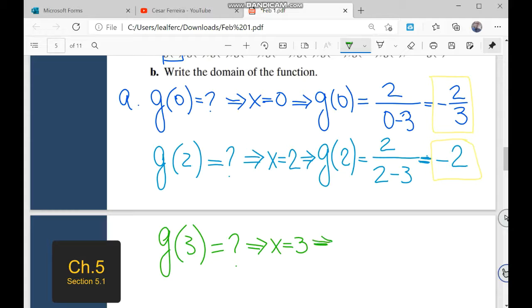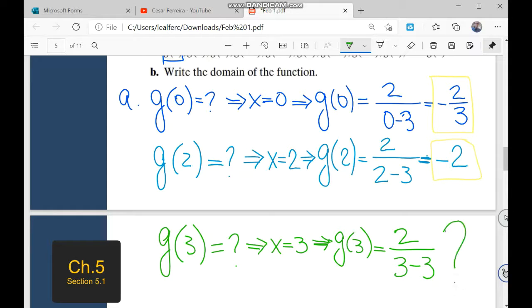Plug into the function, g of 3 equals 2 over 3 minus 3. And now you can calculate. Oops, wait a minute. If I make 3 minus 3, we're going to find 0. How can I divide 2 or any number by 0?